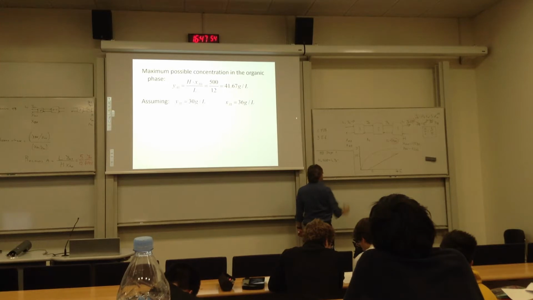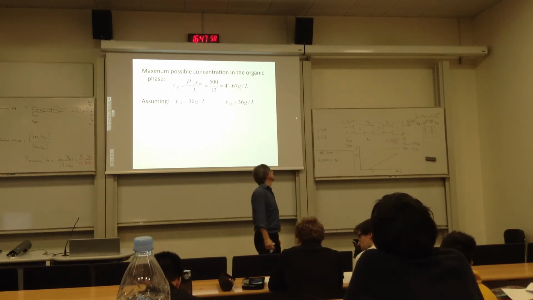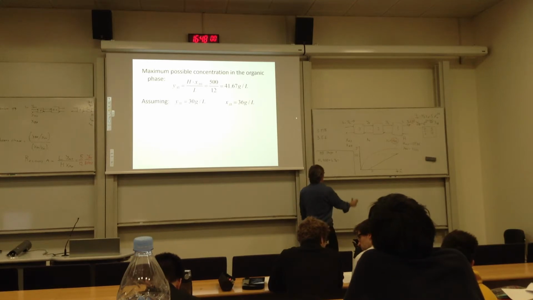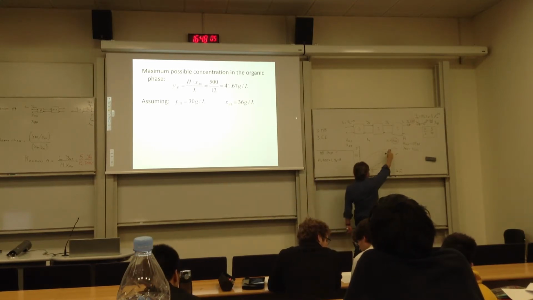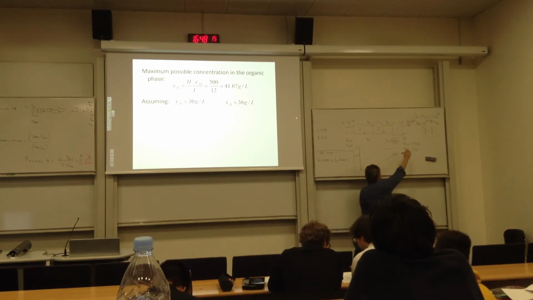And that has to be equal to the output. What's the output? Okay, it would be H times 36, so this output here, plus L times 30, which is the output at this point.